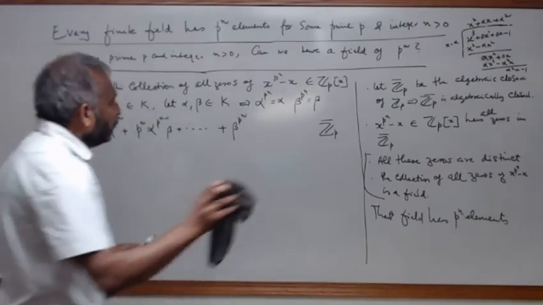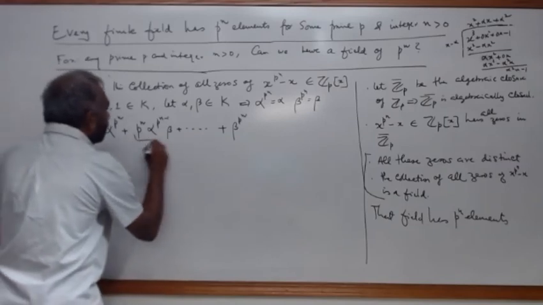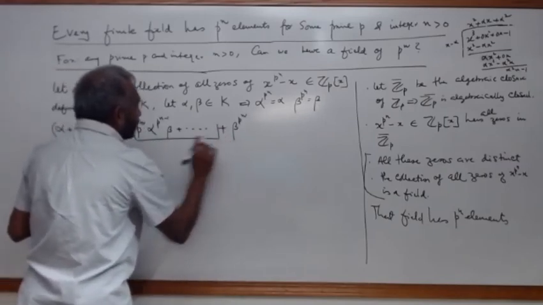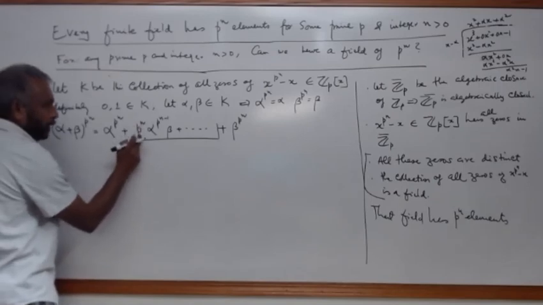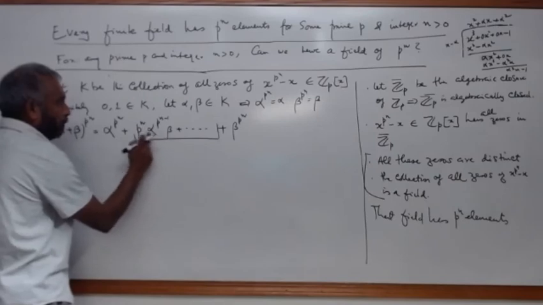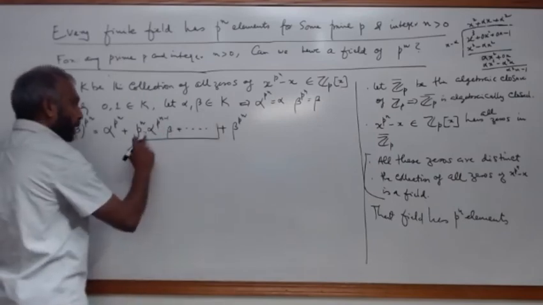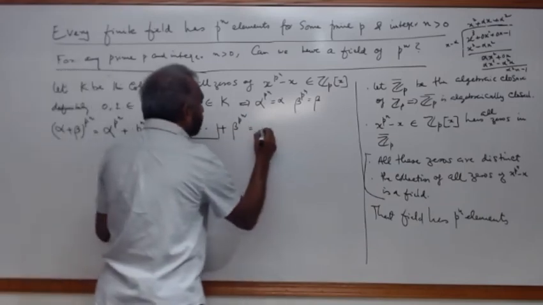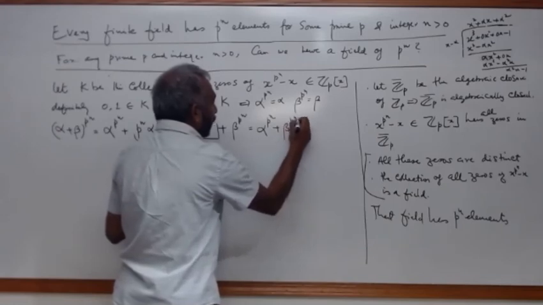Meaning all these intermediate elements are zeros because this is a power of p, and they are all coming from elements of a field of characteristic p. So this is basically equal to alpha to the power of p to the power of n plus beta to the power of p to the power of n.